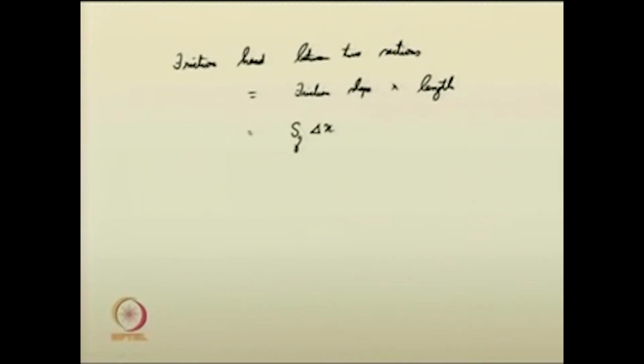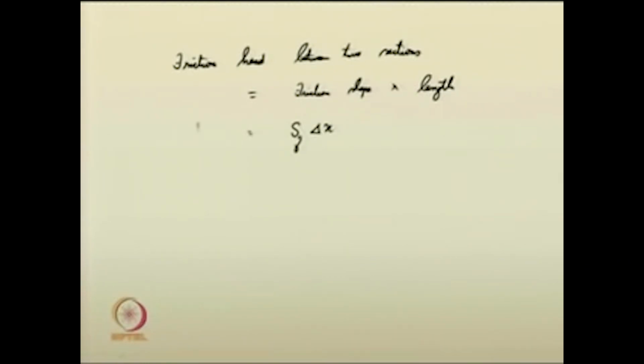How will you obtain the two surface forces, friction and pressure? First consider friction. Friction head between two sections, according to our theory, is nothing but friction slope into length of the reach. So, that is SF into Δx.